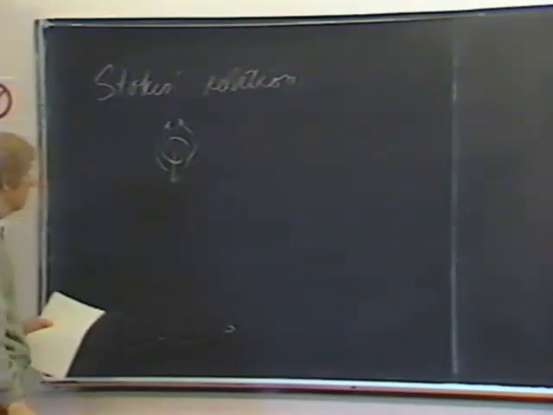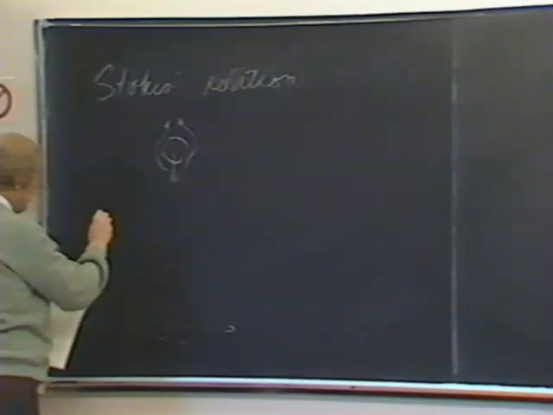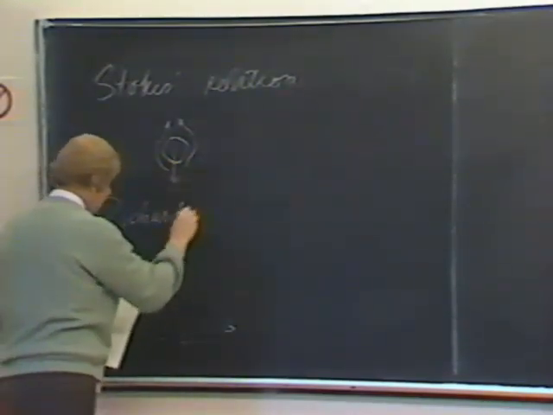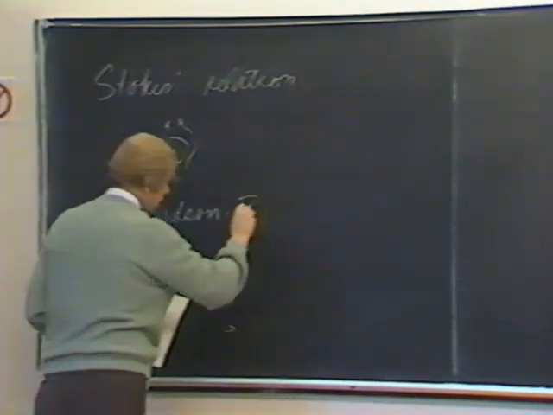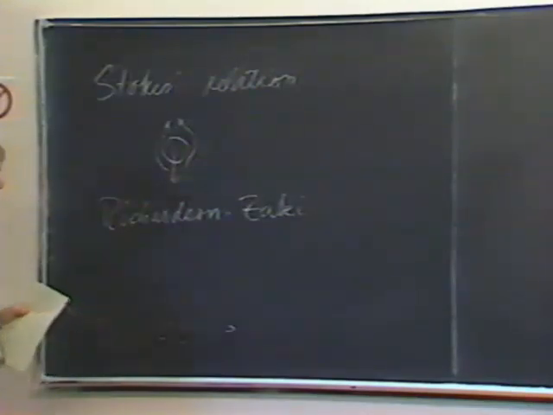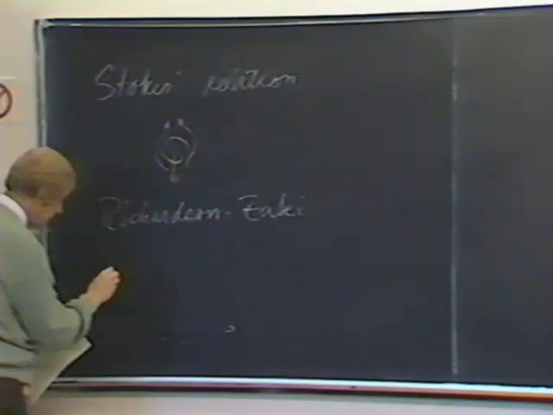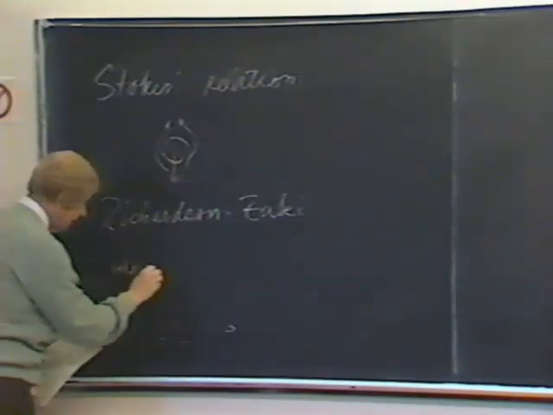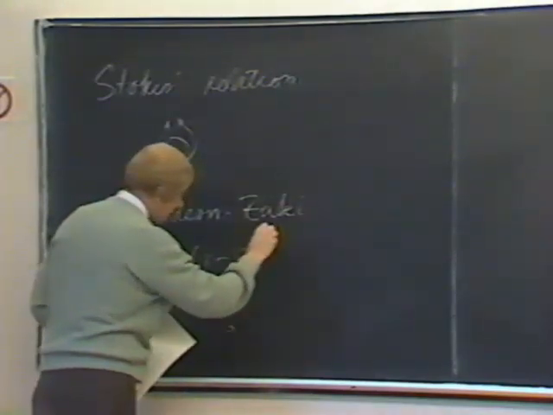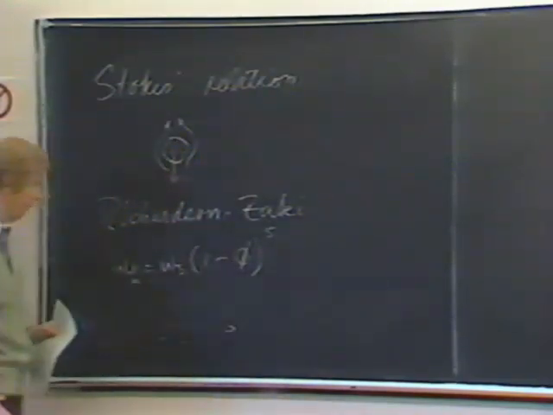Those are Stokes assumptions. And then we talked about the Richardson-Zaki equation for hindered settling, which was W sub H equals W sub S times (1 minus the volume fraction) to some power, and I said most people take it to be 5.